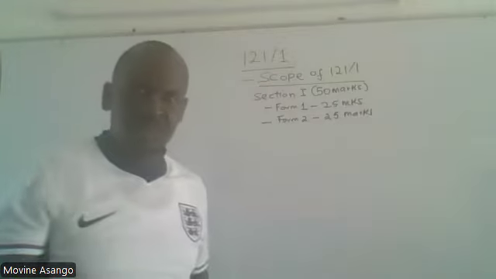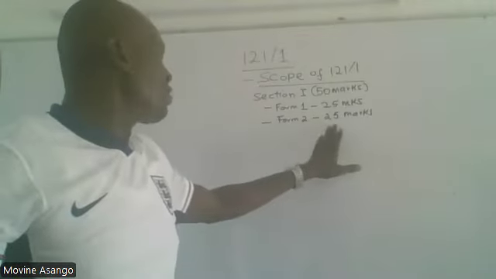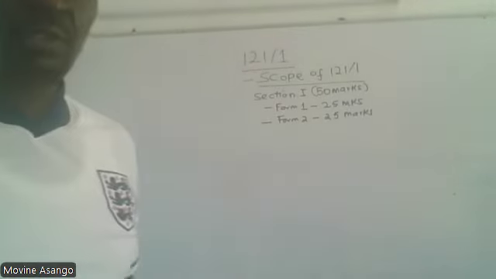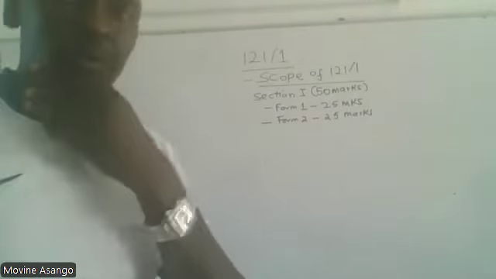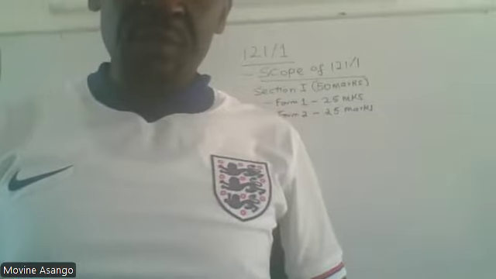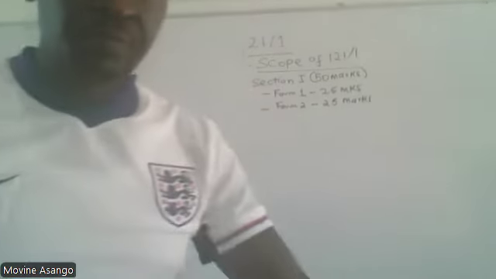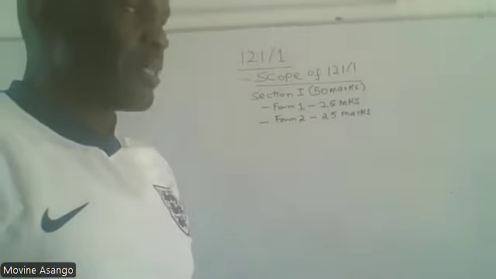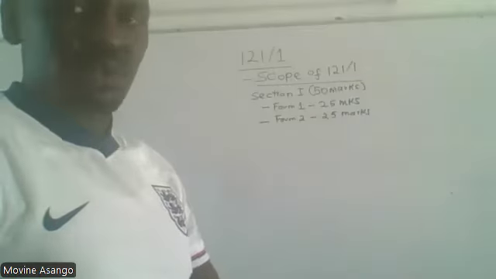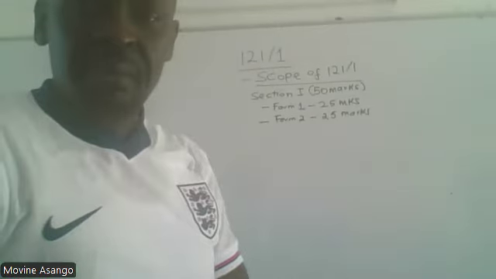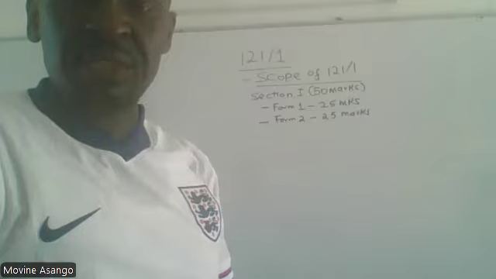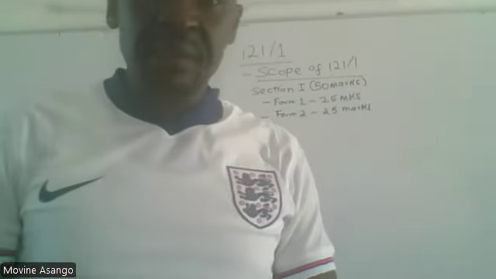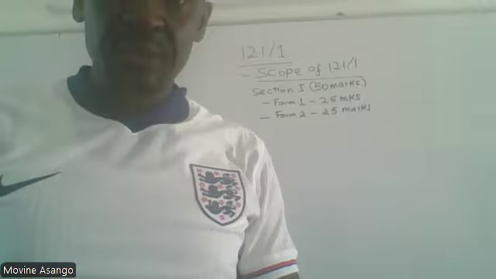But sometimes Form 2 covers only 22 marks, then the other 3 marks are drawn from Form 3 and from Form 4. So it means that if a candidate is well-grounded in Form 1 and Form 2, you can score a minimum of 47 marks in Section 1 alone. Minimum of 47 in Section 1 alone.